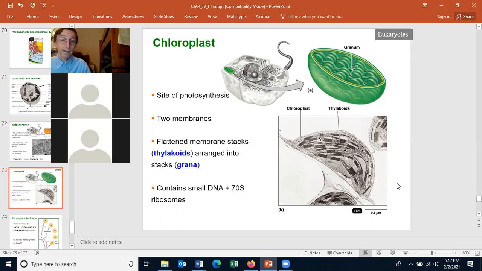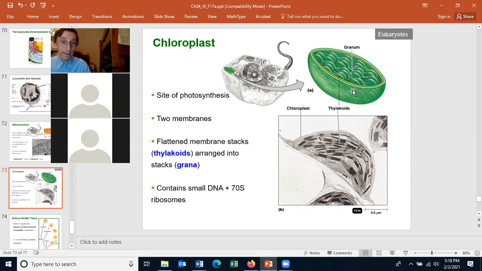The chloroplast is unusual in that it also has two membranes, an outer membrane shown here, and then an inner membrane which is highly folded and flattened. One of these is the granum, and you put them all together, the stack is the grana.